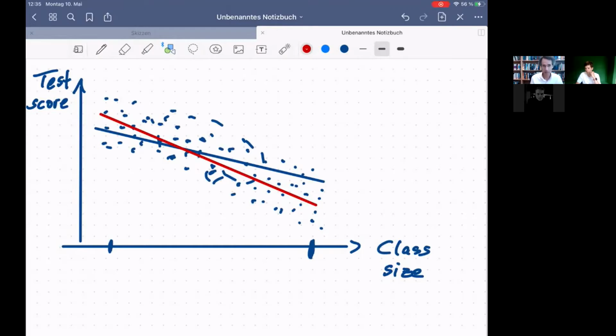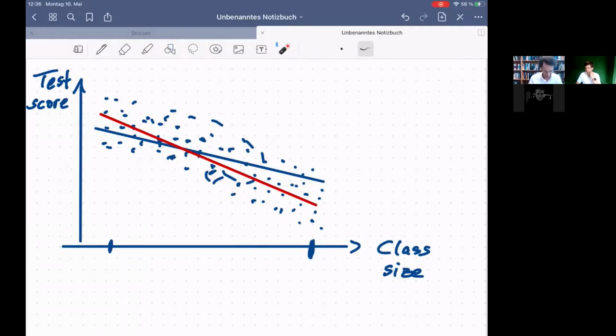while what we are interested in from a policy point of view would be the blue line, not the red one. And that's a problem, because if we use the red line to do policy recommendations, then we would tell the policymakers that decreasing the class size, say from here down to here, would increase the test score by quite a bit.